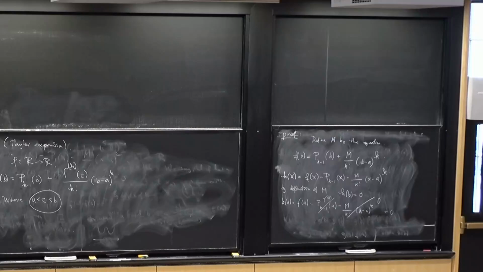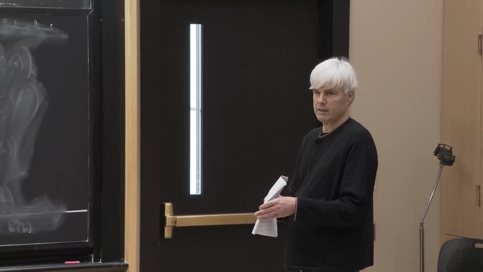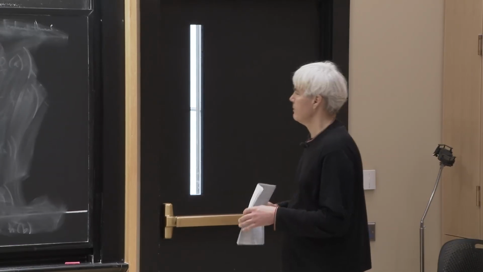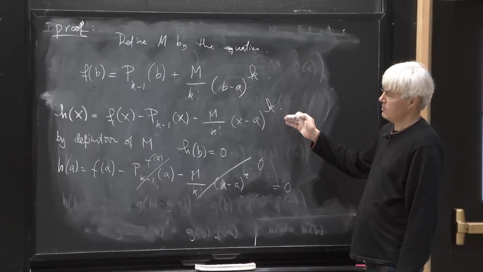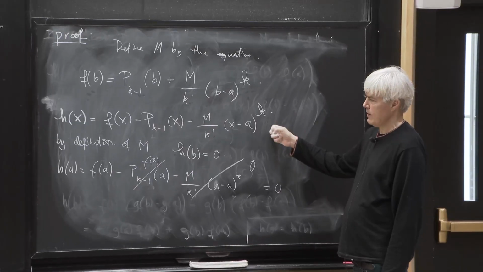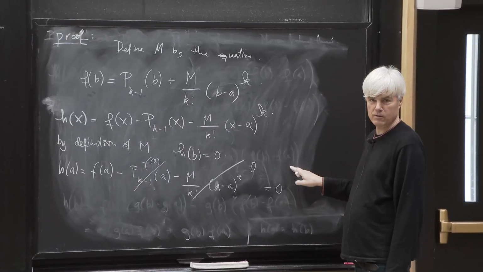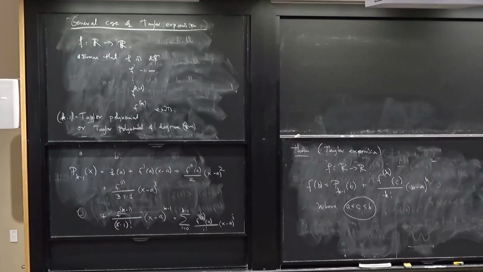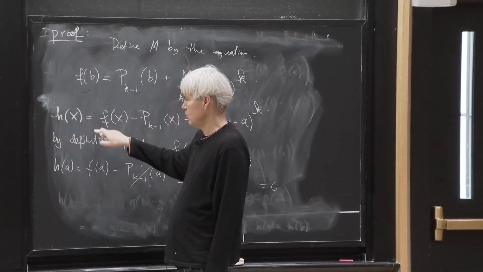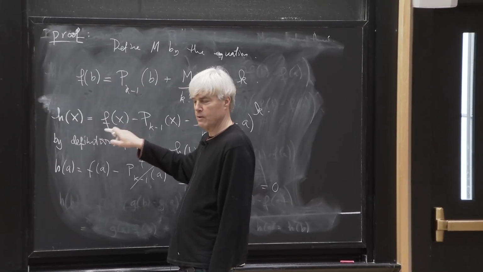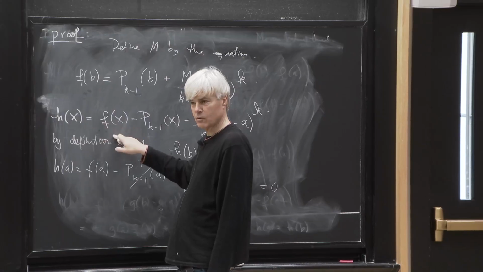So because we chose m this way, Rolle's theorem can get started. This means that there exists a C1 between a and b where the derivative of h is 0. Now you check that if you take the derivative of this function at a, it is also 0.